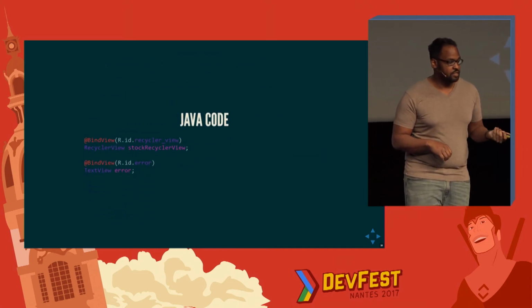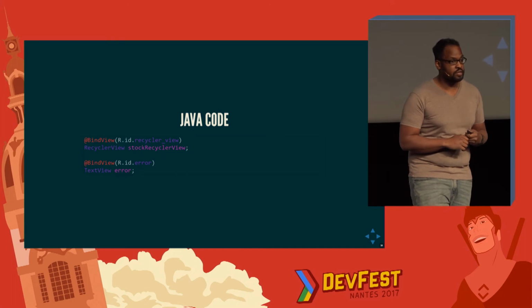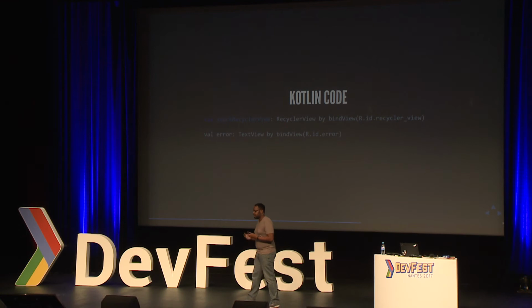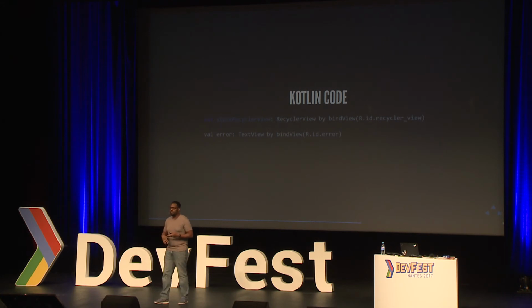And this is the Butterknife code that I originally had, and it changed over to this Kotterknife code, where I have the declaration of the value and then by function bindView that takes in the parameter of the ID of the element that I'm using.